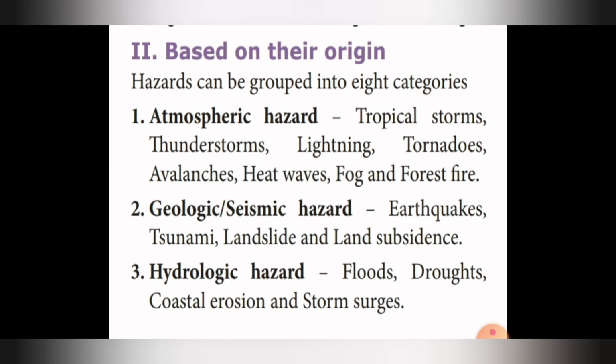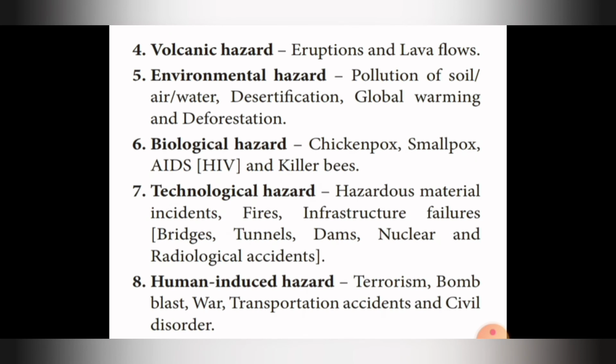What is it? Earthquakes, tsunamis, landslide and land subsidence are called what? Geologic or seismic hazard. Third one is hydrologic hazards: floods, droughts, coastal erosions, and storm surges. These are hydrological hazards. Fourth one is volcanic hazard. Eruptions and lava flows are called volcanic hazard.